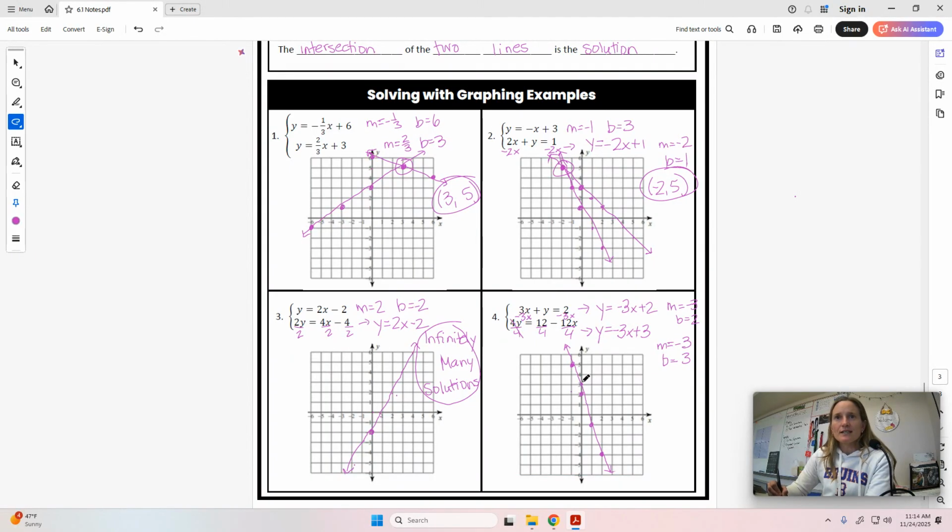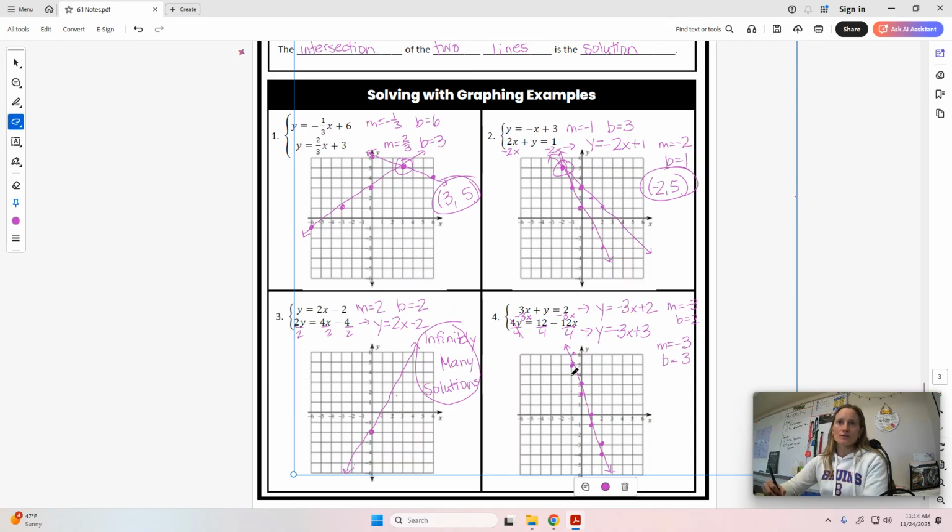So what we're going to find in this situation is that we have lines with the same slope, different y-intercepts, and what we learned in the last unit is that when two lines have the same slope, that means that they're parallel. So when there is no solution, you're looking at a situation where the two lines are parallel to each other.